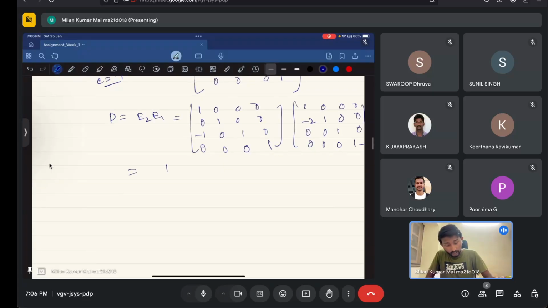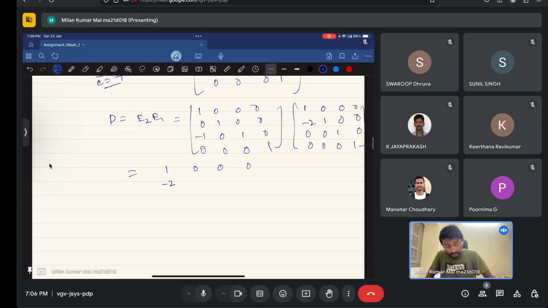So first will be 1, second will be 0 0 0. This with this is 1; in the column, it will be minus 2 here, and after that it will be 1 0 0.